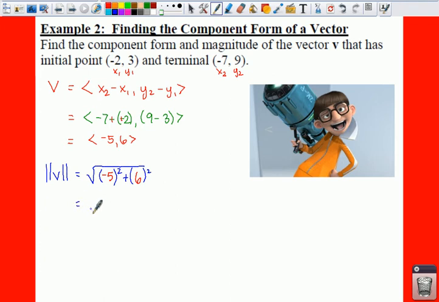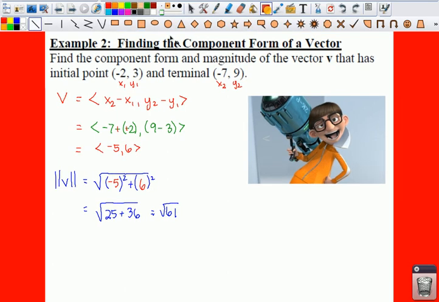So let's go ahead and find the square root of 25 plus 36, which is just radical 61. So there we found our magnitude and our component form.